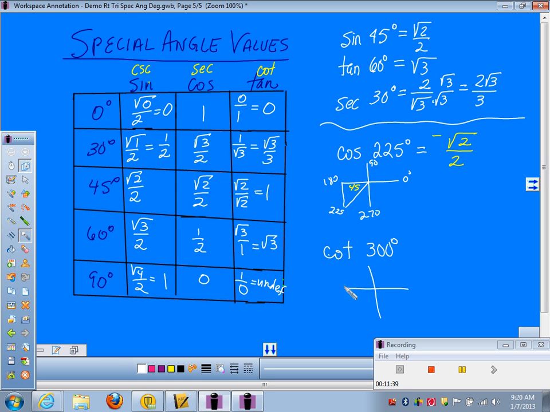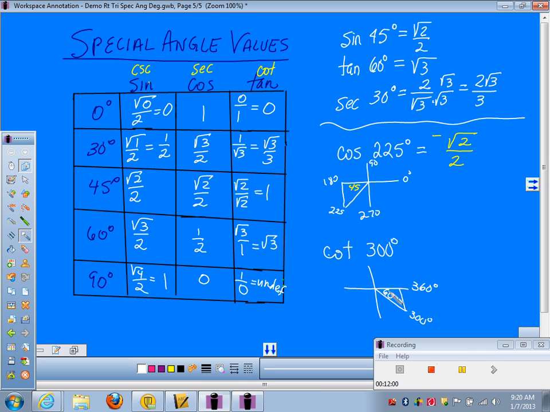Which quadrant? It's in the fourth quadrant. That's 300 degrees, just stick it out there. You're going to draw your triangle upward to the x-axis, which means it's going up to 360. How many degrees are there, therefore, in between 300 and 360? It's a 60-degree reference angle. So you are going to find the cotangent of 60.